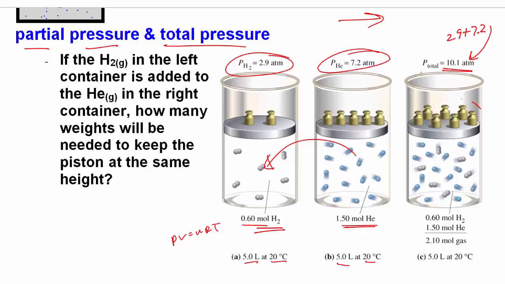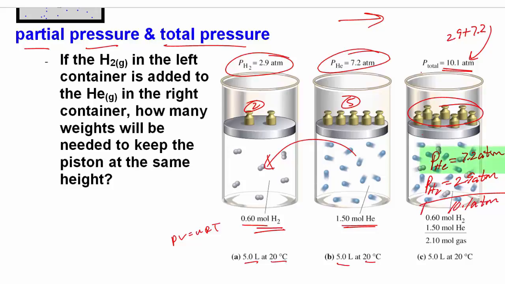The partial pressure of helium in this container is 7.2 atmospheres. The partial pressure of hydrogen is 2.9 atmospheres. The total pressure, just add them up, and you get 10.1 atmospheres.